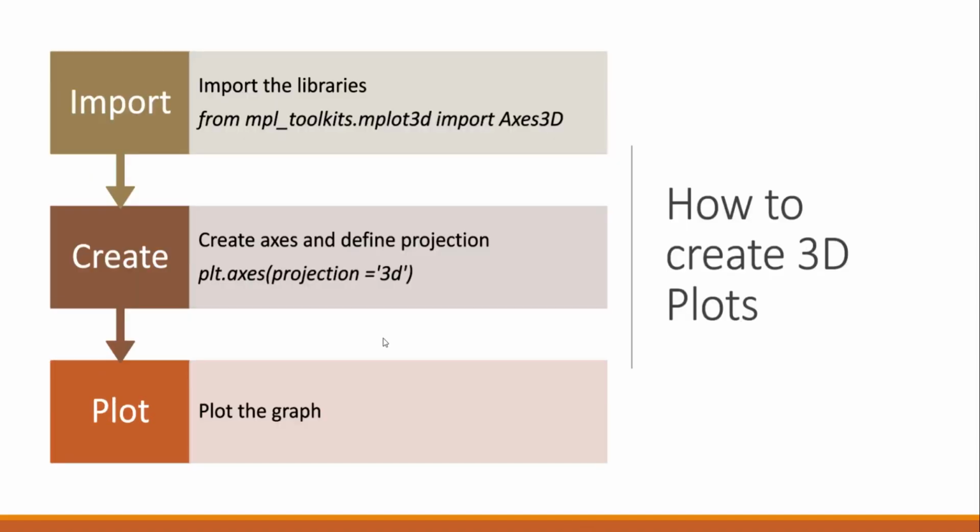Before learning basic 3D plots, let's discuss the steps of creating 3D plots in Matplotlib. The first step is to import libraries. The first one is a standard import statement for Matplotlib plotting. You all know that the statement is import matplotlib.pyplot as plt.